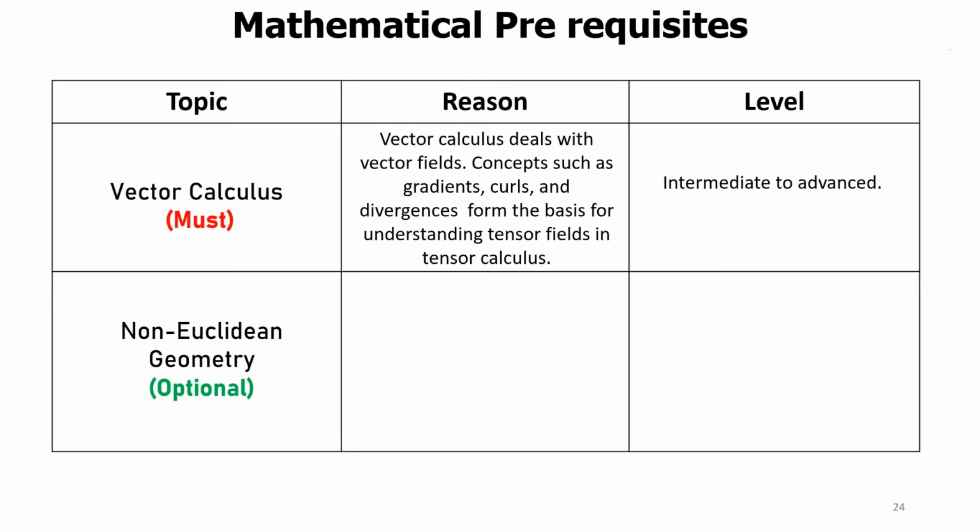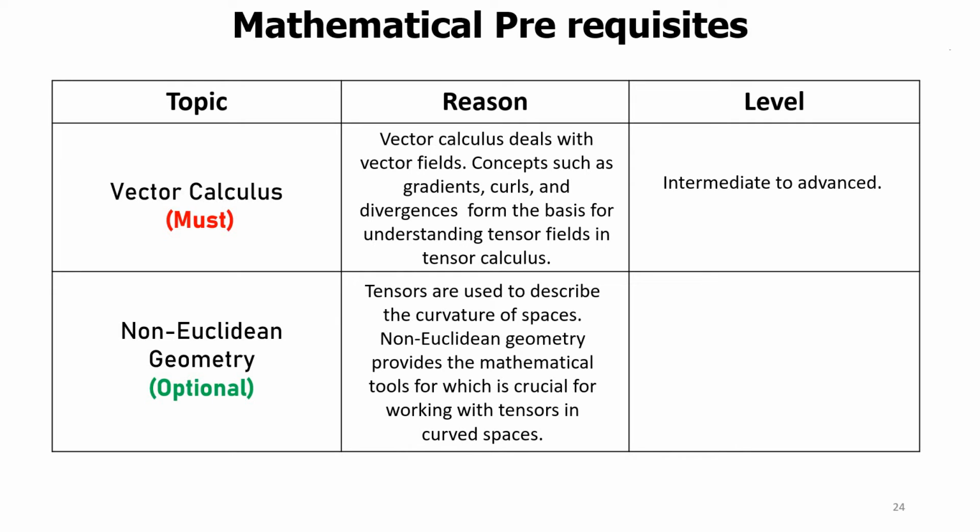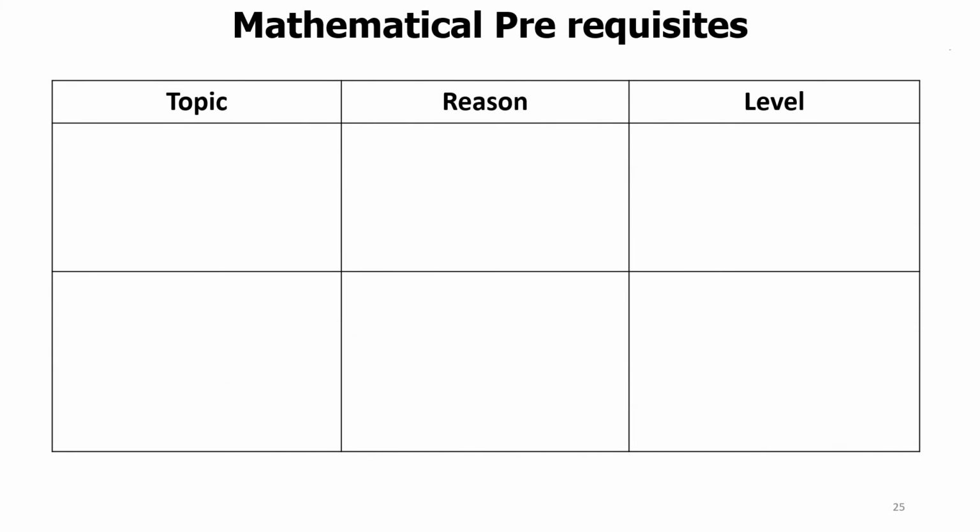Now these are optional, that means you can just skip. Non-Euclidean geometry is something which gives you an understanding of how these surfaces evolved, and non-Euclidean geometry is the place where the tensors actually take place. So you can just have an introductory understanding, but again, because I'm making a video, I thought to give you a more complete understanding.